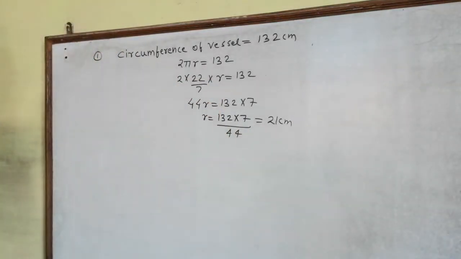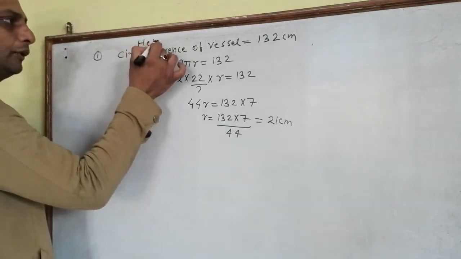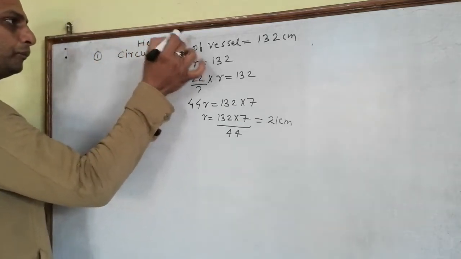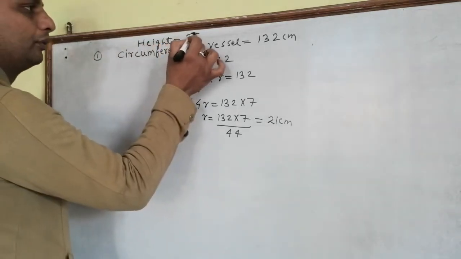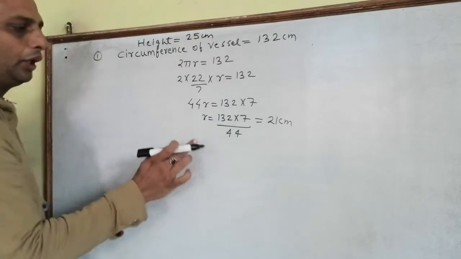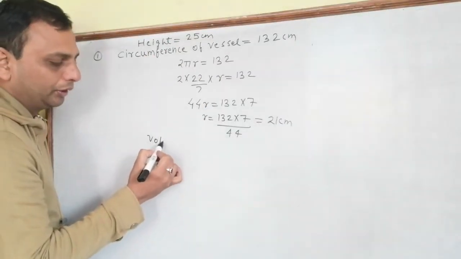We got the radius, and the height is given in the question, 25 centimeter. So now we have the radius and the height, and we can easily find the volume of the vessel.